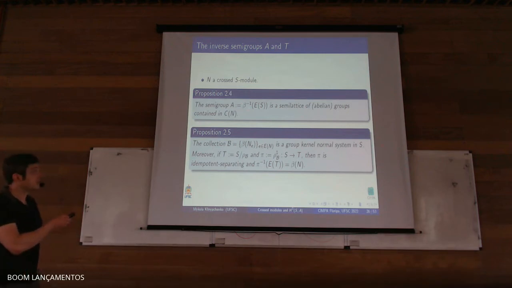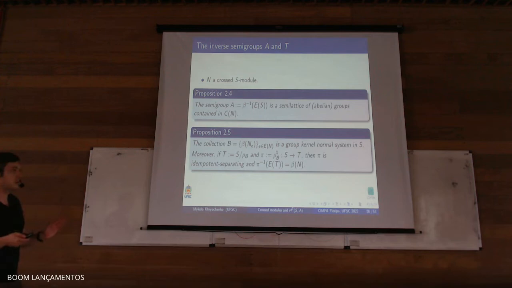Now the kernel means the pre-image of idempotents. In the group case, it's the pre-image of 1, and in this case, it's the pre-image of idempotents of S. And again, it's a semilattice of abelian groups, which is contained in the center. Well, we may define some action on this A a little bit later.